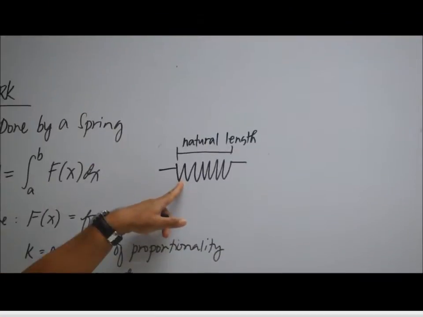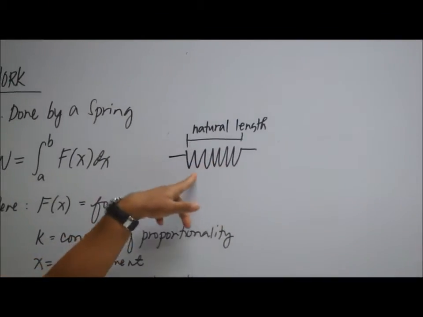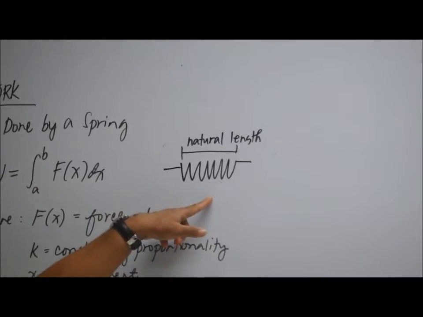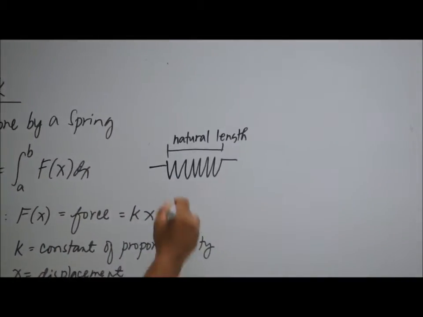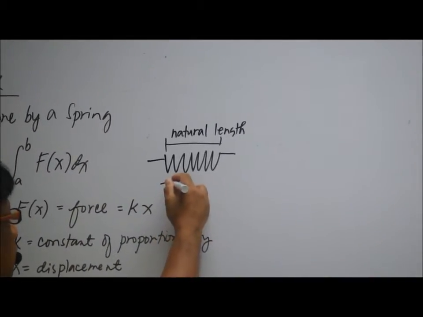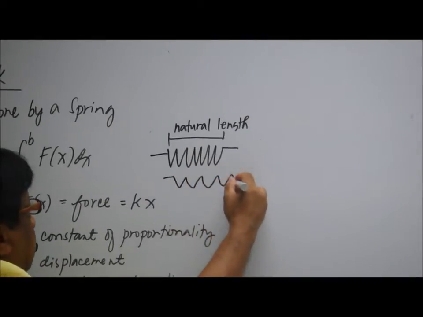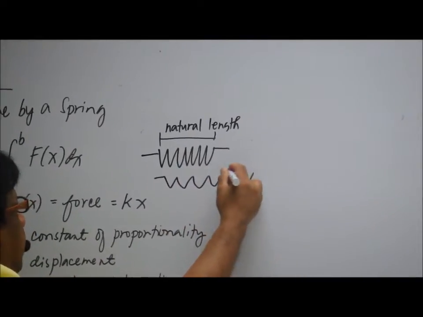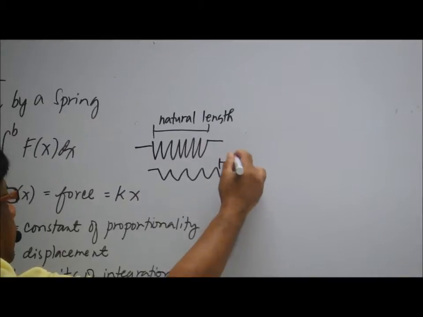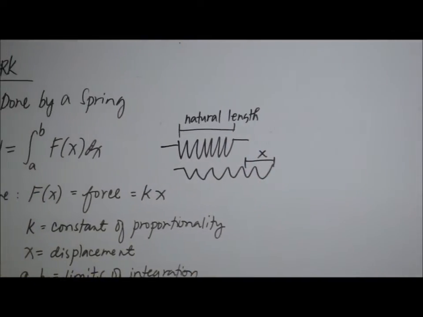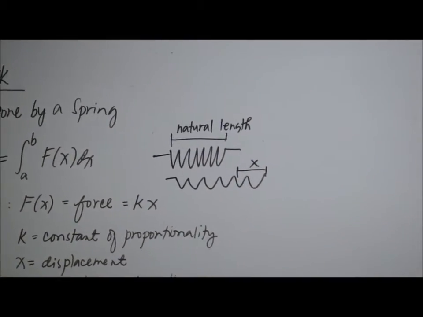This is the spring. We call it the natural length of the spring. Now we have the length of the spring as the natural length. And when this is stretched, there is a displacement represented by x. So that's the displacement when this is stretched.